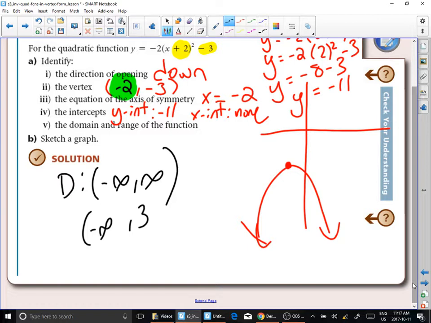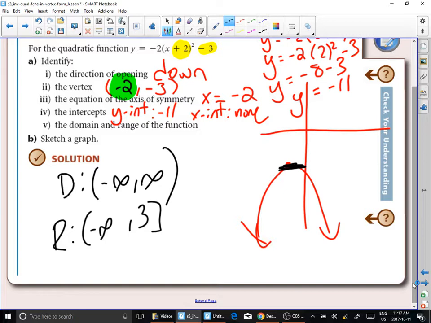But you see, here's the difference, okay? The graph can never equal infinity because infinity is not a number, it's a concept. But the graph hits -3. So because it's equal to -3, we're going to put a square bracket for -3. And we have to do that when we write our domain and range. If the graph actually touches that value, then we use a square bracket to represent that part of the interval.